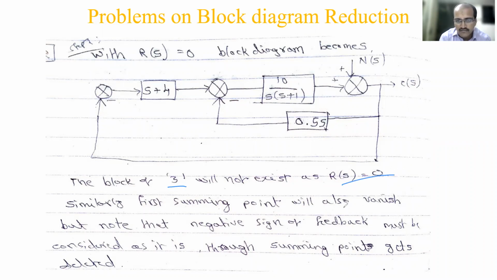Similarly, the first summing point will also vanish, but note that the negative sign of feedback must be considered as it is, though the summing point gets deleted. If it is plus there is not much difference, because it is +1 into S plus 4, no difference. But when it comes to minus here, you should be cautious. That's what I explained to you previously.